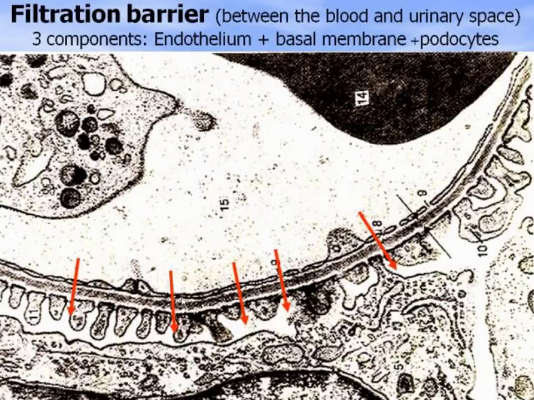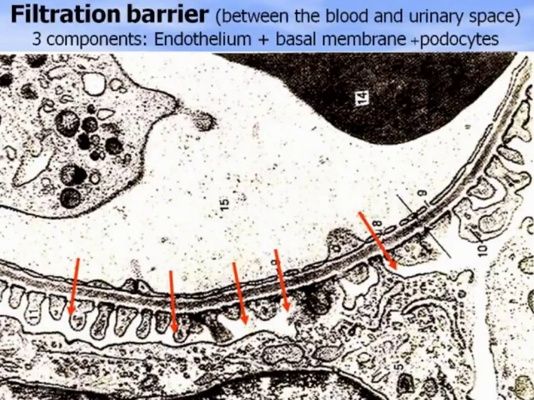This is the filtration barrier, the barrier between blood capillary and urinary space. In the blood are erythrocyte, platelet, and blood plasma. This is a fenestrated endothelium. You can see numerous fenestrae, holes. Podocyte processes with intercellular clefts between them, and a thick basal membrane.